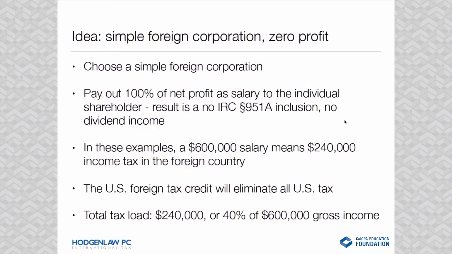And then you look at the individual side, the Form 1040, and you've got $600,000 of salary taxed at 37%, as compared to 40% in the foreign country, and you're going to get Form 1116 giving 100% offset, so zero tax liability on Form 1040. And that's an effective tax rate of 40%. So my first suggestion is make a 962 election and then play with the way you operate the corporation.